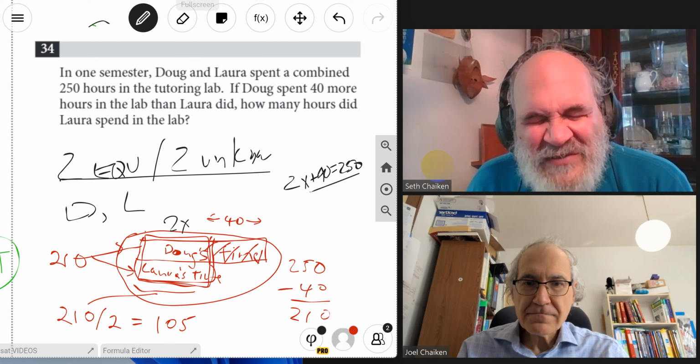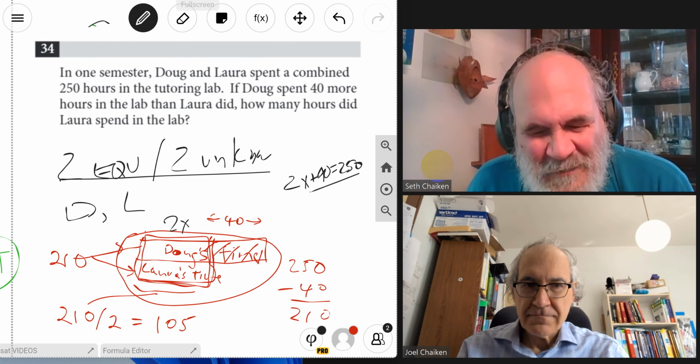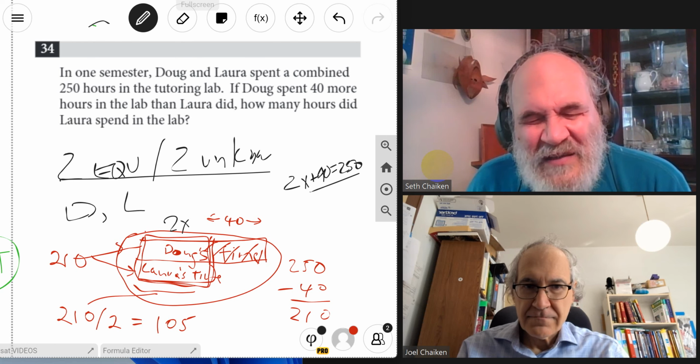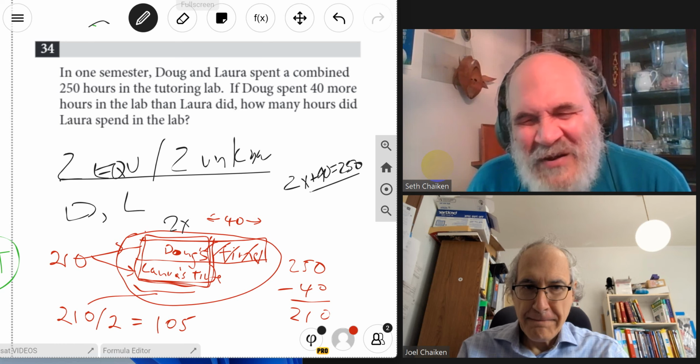And of course, their reasoning is valid. And then they get graded down and reprimanded by the teachers because they don't use algebra.